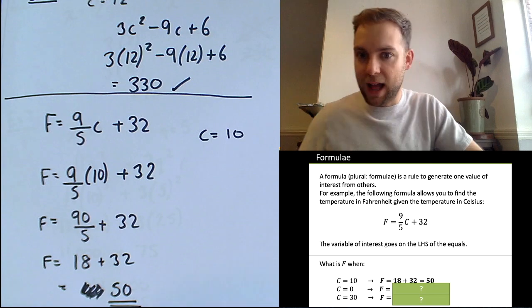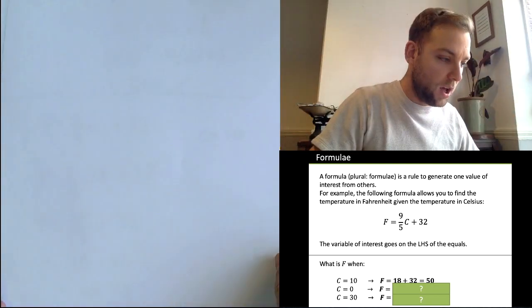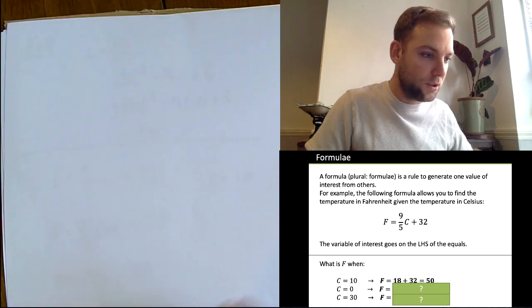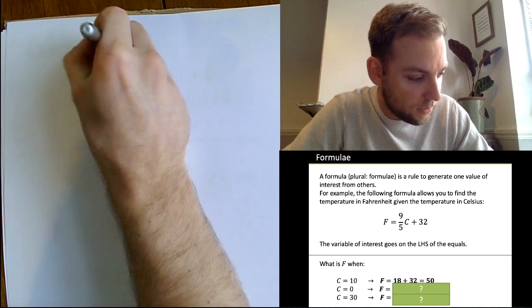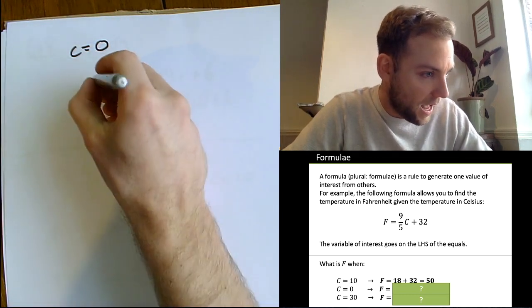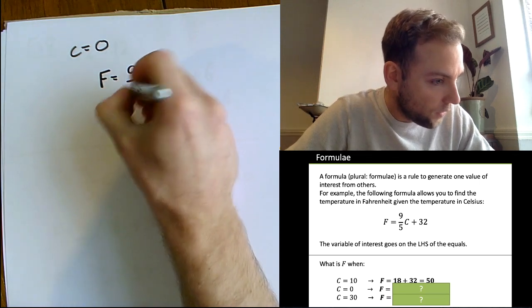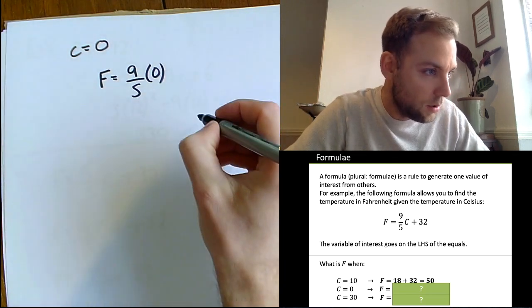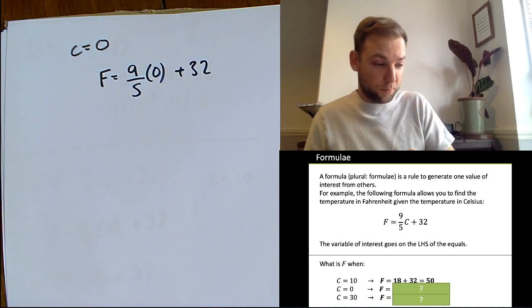So let's have a go at how I do this using a calculator. Remember, I'm going to be using the mini brackets method. So when I'm using a calculator, you literally just type it in. So if c is equal to 0, we're going to have F is equal to 9 over 5 times 0 plus 32. I mean, we could probably do that in our head.